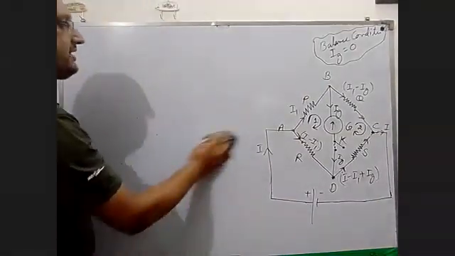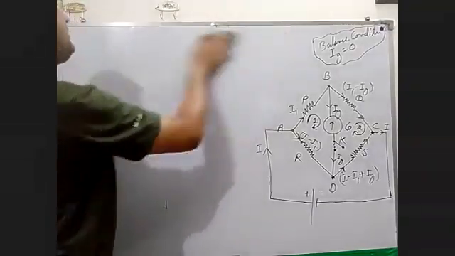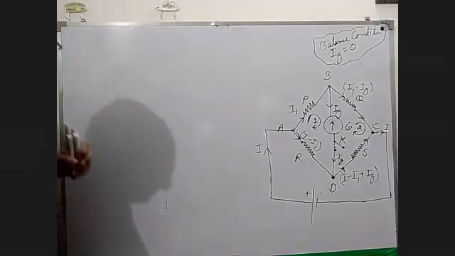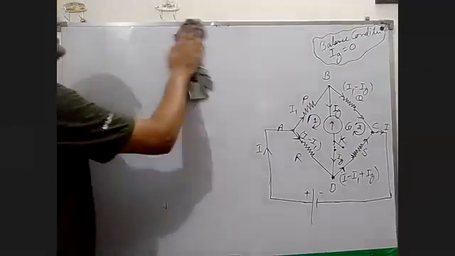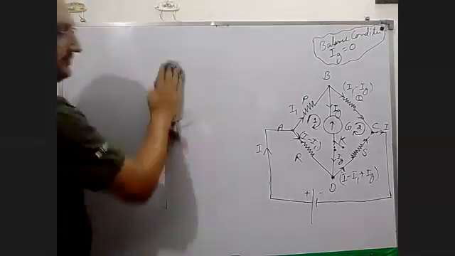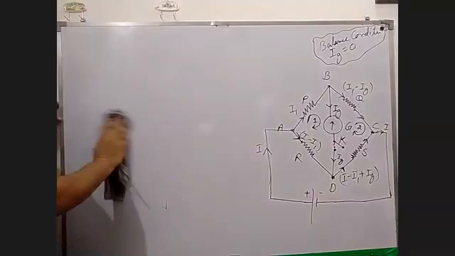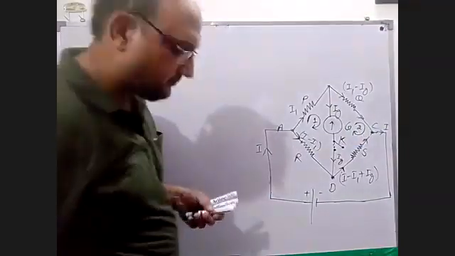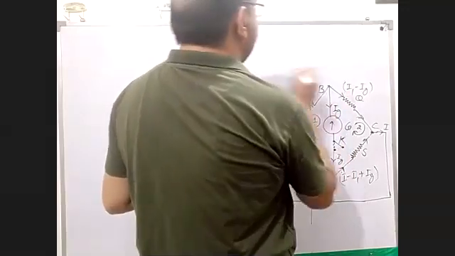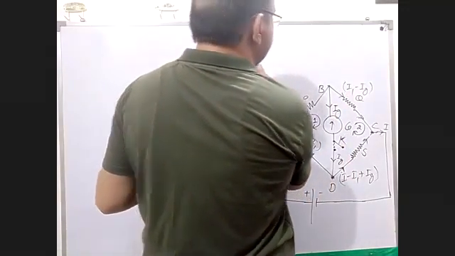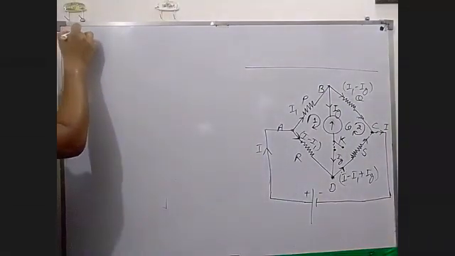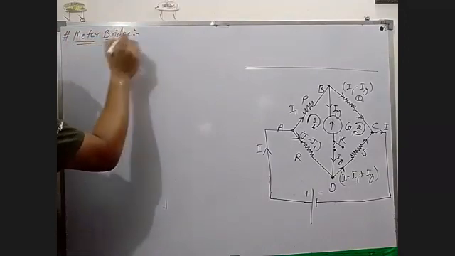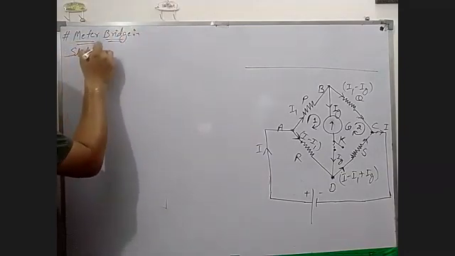P upon Q is equal to R upon S. Using this, a device is set up, and this device is called meter bridge, or another name is slide wire bridge.